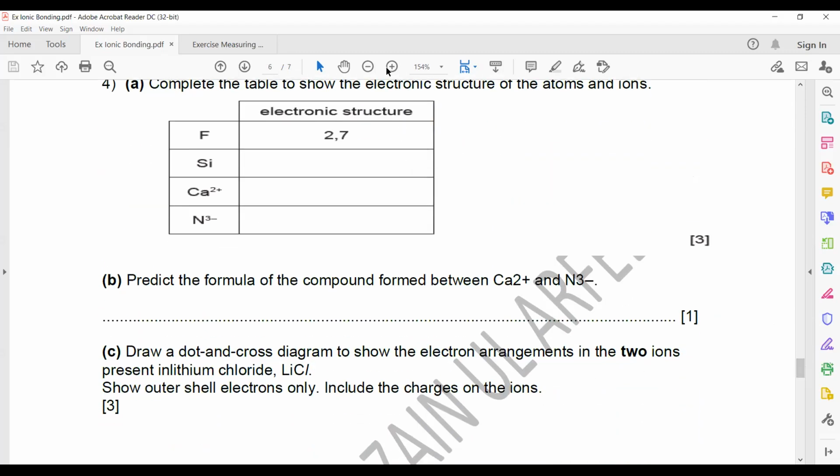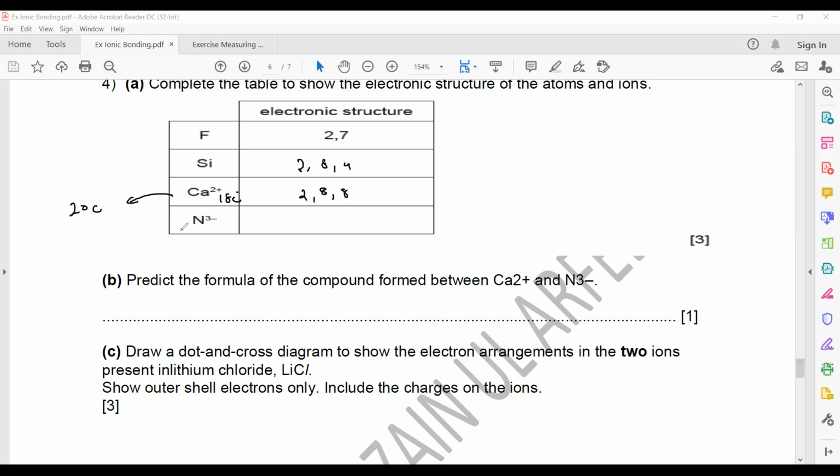Then complete the table. This question we already did. For silicon, we'll use the periodic table. Silicon has 14 electrons, so it will be 2, 8 and 4. The calcium atom has 20 electrons, but this is a calcium ion, so it will have 18 electrons, and the electronic configuration is 2, 8 and 8.